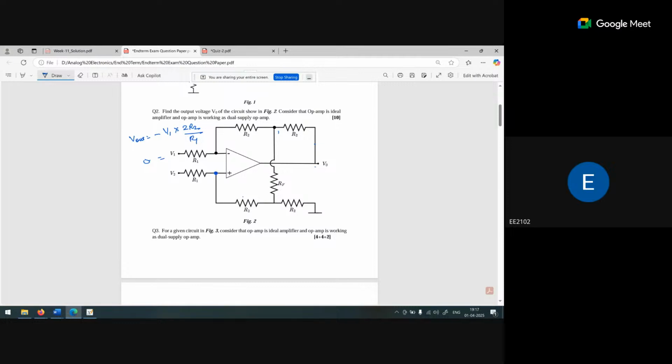The voltage at this point is what? V2 times 2R2 upon R1 plus R2. So the R1 plus 2R2.